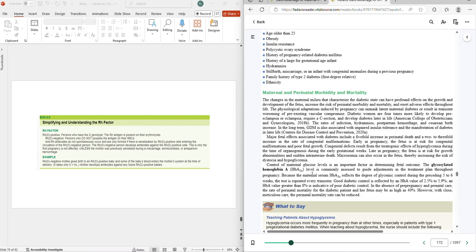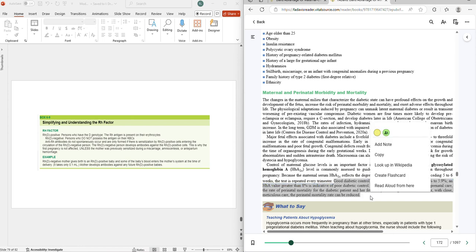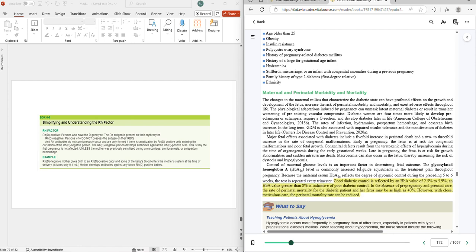Make sure you read through all of this. There's one thing here, winking lollipop. So you need to know what percentage the A1C should be. Okay, so 8% on a hemoglobin A1C is poor diabetic control.